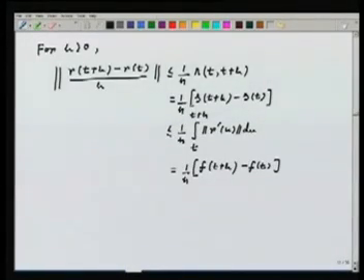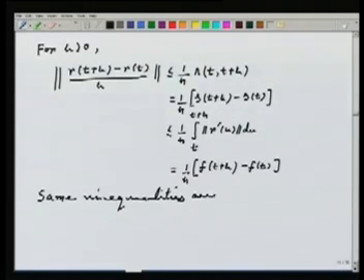Now what I want to do is take limit. Well, another observation, which you can prove easily, is that the same inequalities are true if h is less than 0. Okay, that can be very easily shown. It's not very difficult, just by the same reasoning.